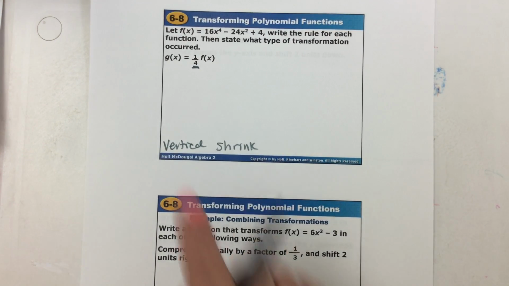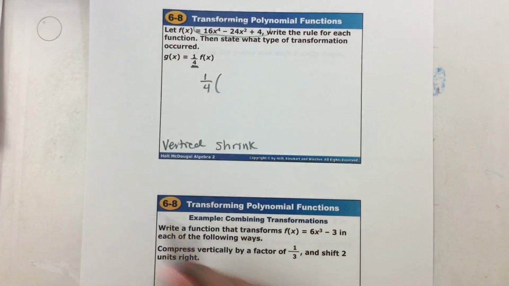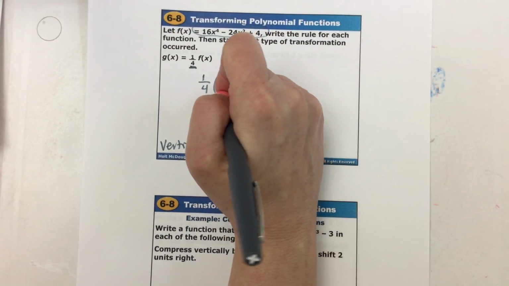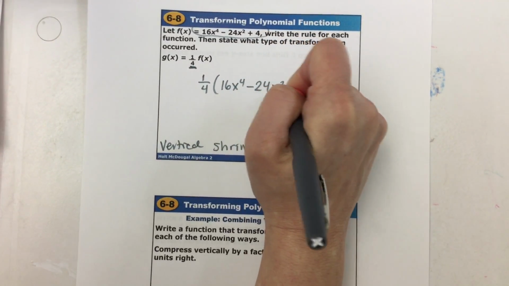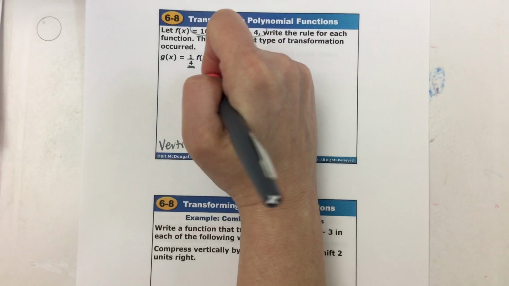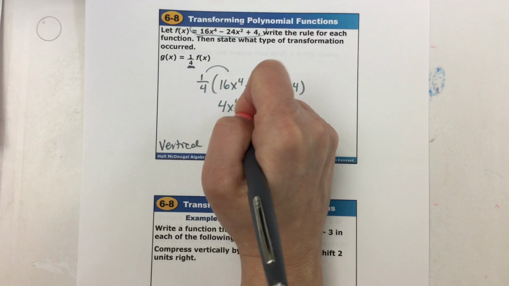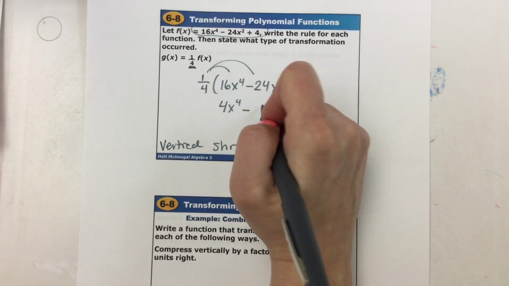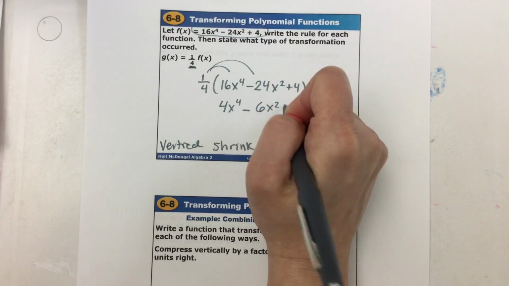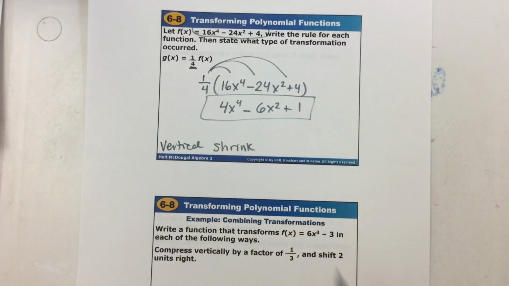The way that you find the new rule, I would take that 1/4, put it out front of the entire original function. 16x to the power of 4 minus 24x squared plus 4. So 1/4 of 16x to the power of 4 is 4x to the power of 4, minus 1/4 of 24x squared is 6x squared, plus 1/4 of 4 is 1.